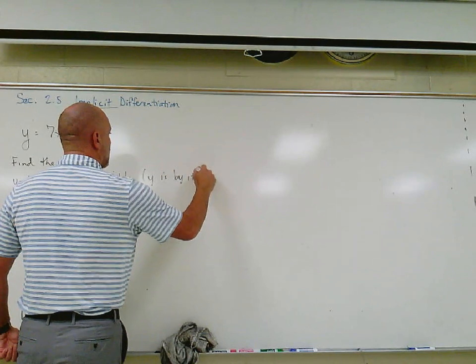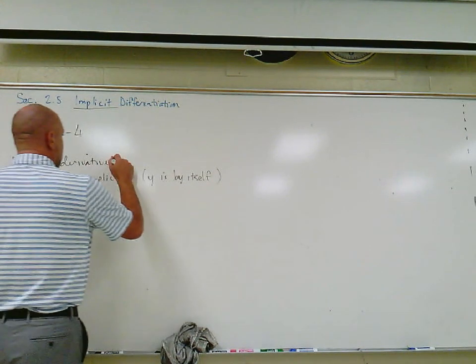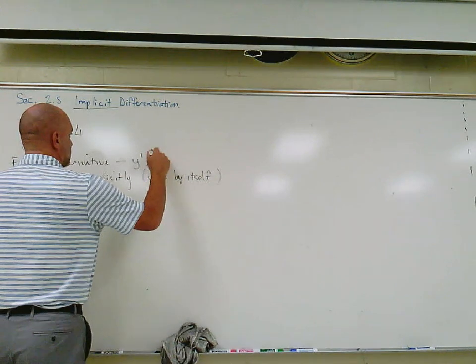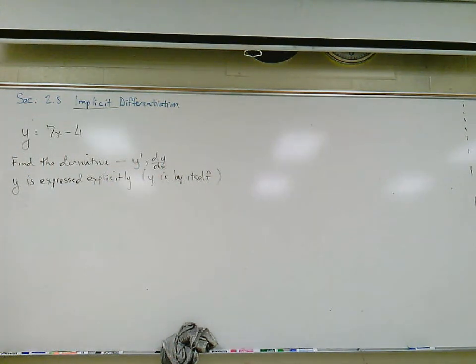There's only one y, and it's by itself on the left. So on this problem, when it says find the derivative, it's asking for y prime or dy over dx, either one of those. That's what it's asking for, okay? But the nice thing is that it's just what we're used to. You just have one y, and it's over here on its own, okay?